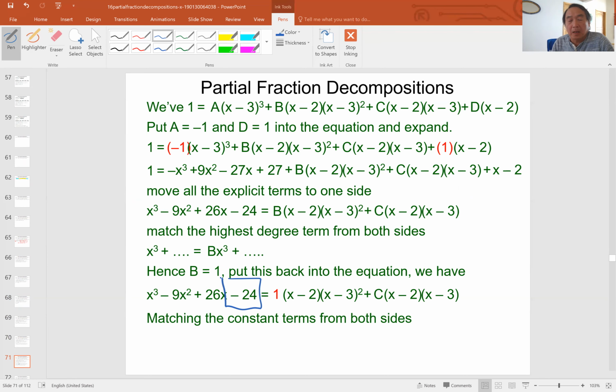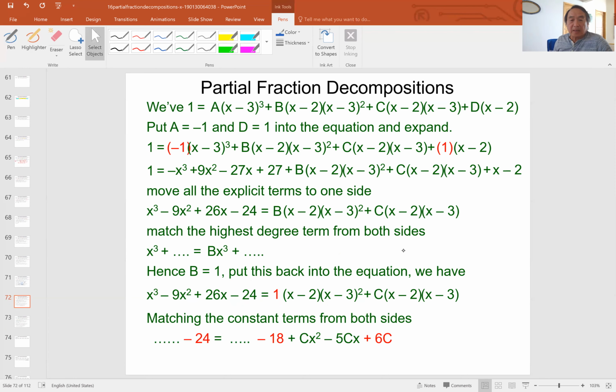On the left-hand side, the coefficient is minus 24. On the right-hand side, how do I get a number term? The number term is 1 times minus 2 times minus 3 squared. If I expand this, it will be x squared plus 9. So 1 times minus 2 times 9 is minus 18 for the constant term.